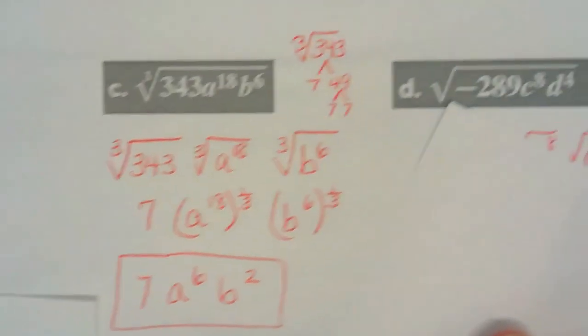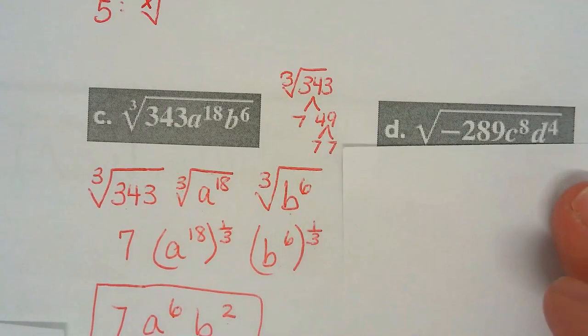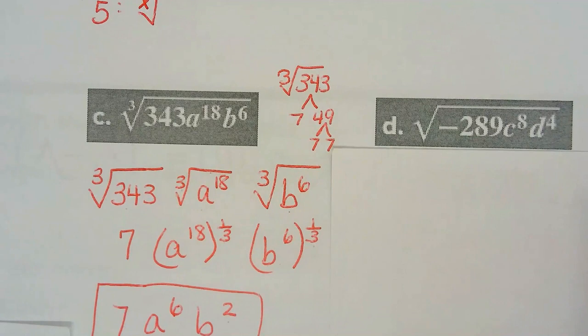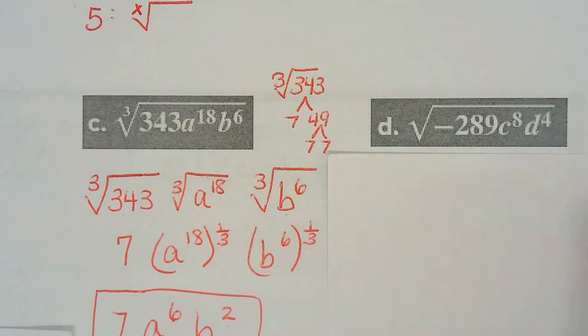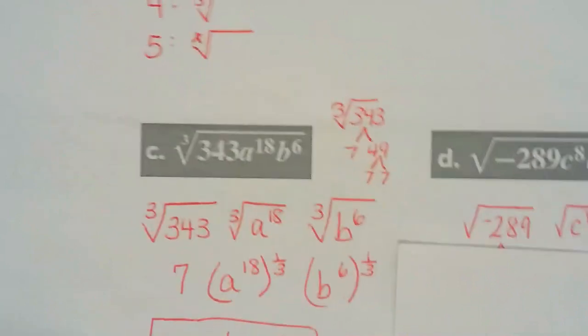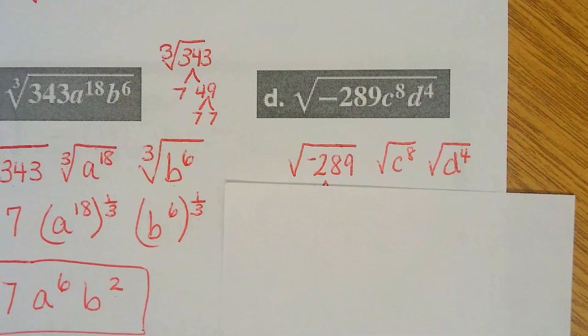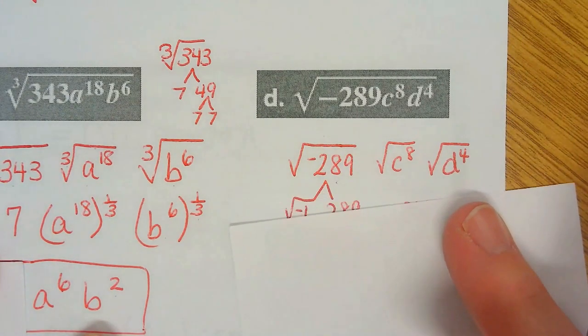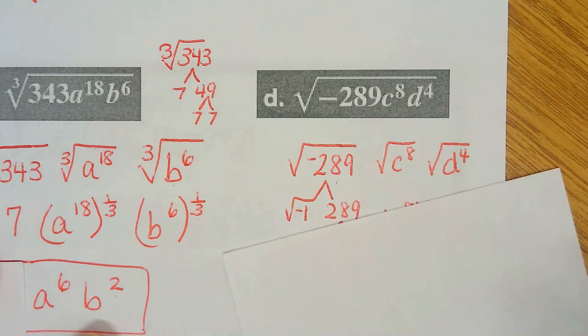Okay, let's try one more together before I let you try some on your own. So this is just wanting the positive square root. A little different. You're still going to split it apart like we have before, but you want to consider the fact that you can't type in the square root of a negative. So we're going to take out that -1, so that we're left with 289.